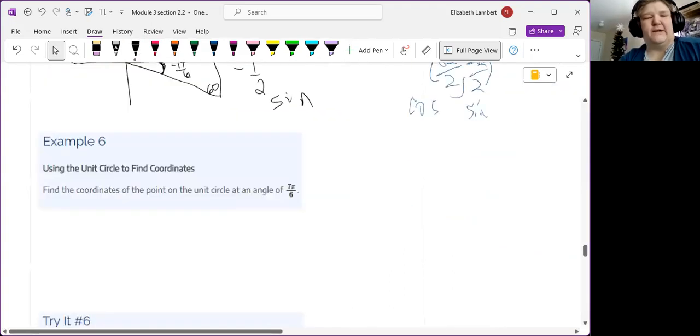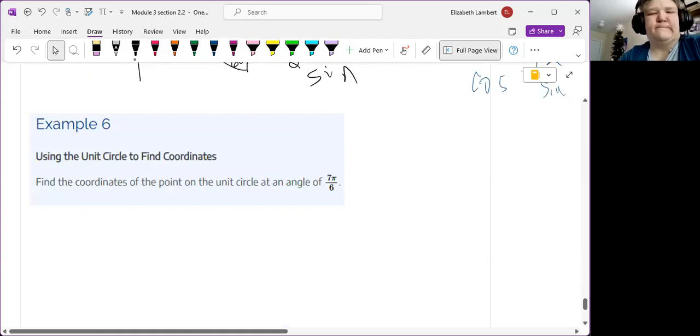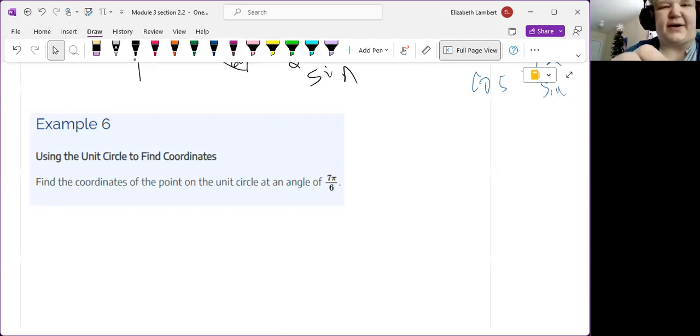All right, just 2 more. Find the coordinates of the point on the unit circle at the angle of 7 pi over 6. All right. So I've just been doing this on all of these because you do it a lot. So I know it's tedious, but the more practice you get at reasoning through this, the better your knowledge will be of the unit circle and of how to generate these things.